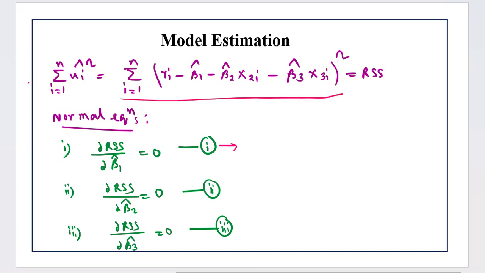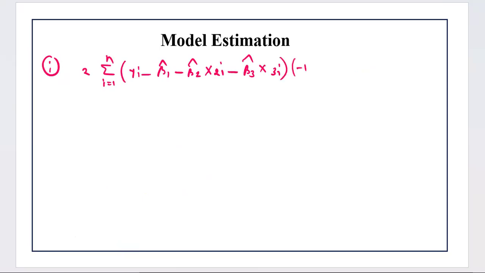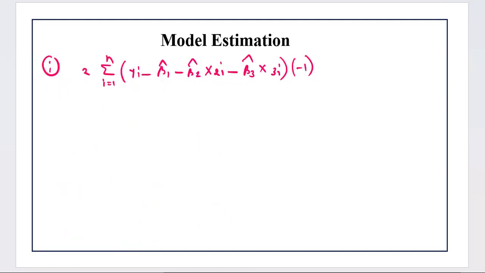You will get 2 summation i from 1 to n of yi minus beta 1 cap minus beta 2 cap x2i minus beta 3 cap x3i, and then you will have a minus 1, because the coefficient of beta 1 cap is minus 1, so by the chain rule this will be there.